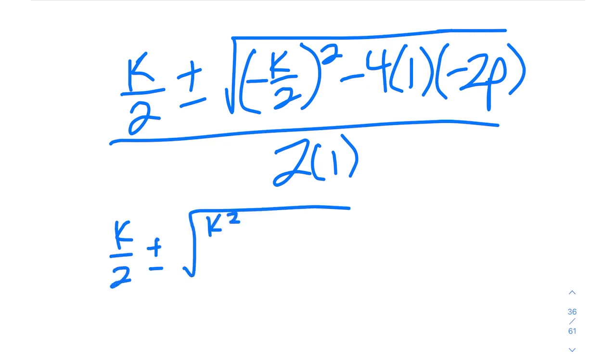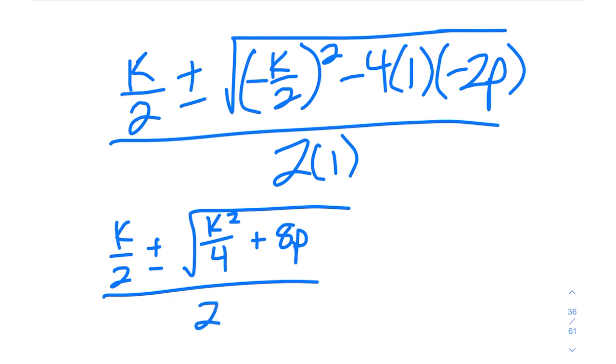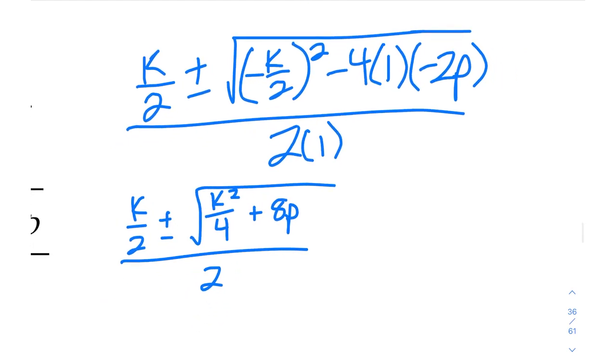Again, we're going to keep simplifying. This is k over 2 plus or minus square root of k squared over 4 plus 8p. The whole thing's over 2. To simplify inside of that root, for these couple terms here, we want to find a common denominator.